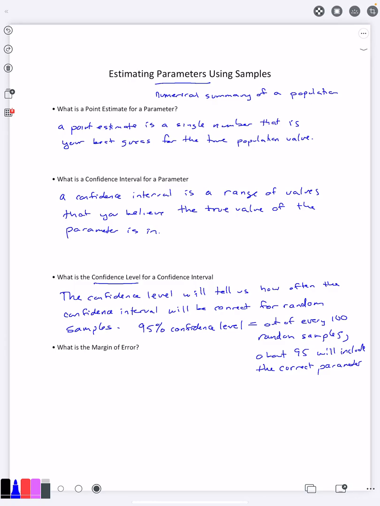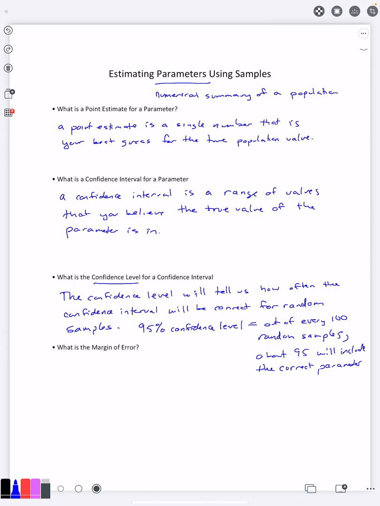Maybe your second is 5'6" to 5'10". Maybe your third is 5'10" to 6'2". So each confidence interval is a different range. But what we're saying is that if you have a 95% confidence level, about 95% of the intervals you create are going to include the actual correct value.